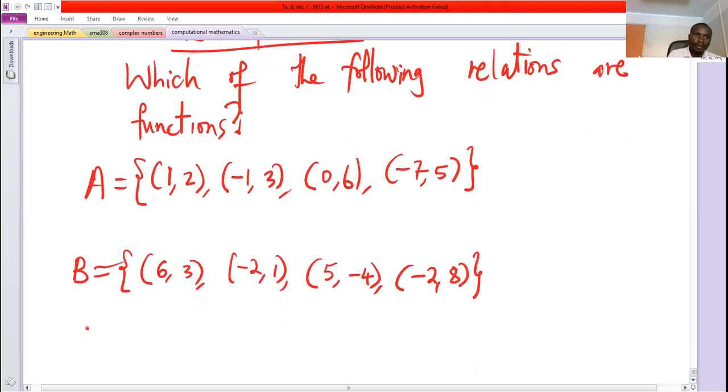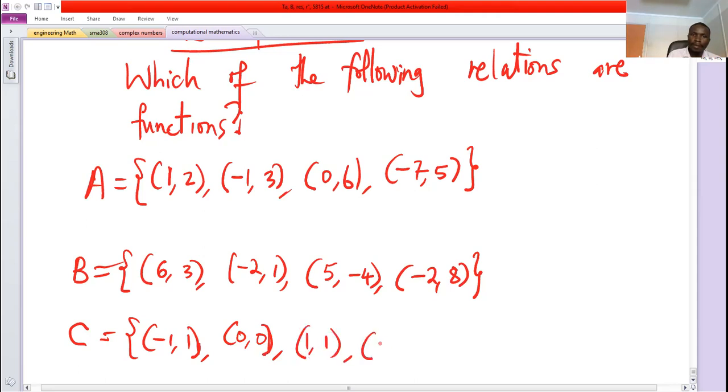And then C: (-1, 1), (0, 0), (1, 1), (2, 4), and (3, 9). So let's discuss this first.